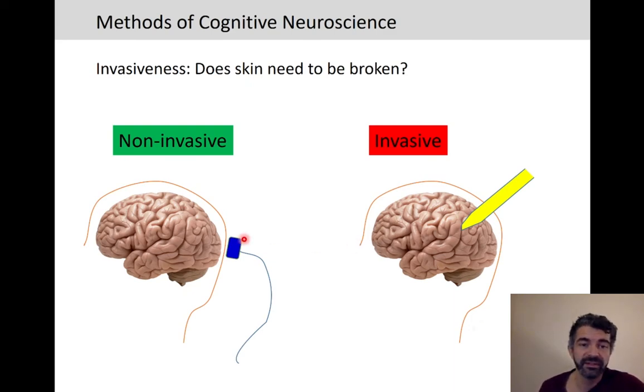So a non-invasive method, you're outside of the brain, outside of the tissue. And invasive method means you have to go into the brain, into the nervous system, sometimes even into a single neuron. Of course, non-invasive methods are always preferred if possible, but some things cannot be. For some things you just need invasive methods.